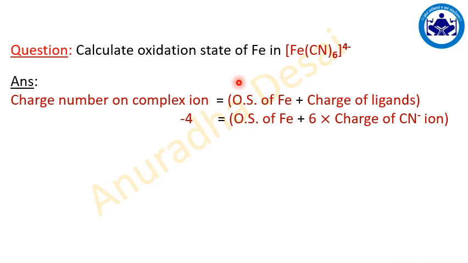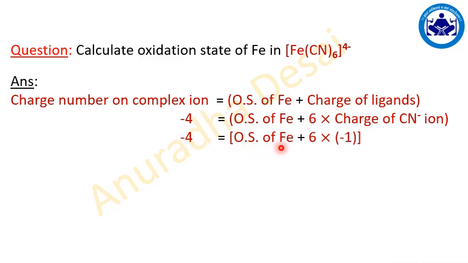Oxidation state of Fe I'm going to calculate, so it will remain as it is. Charge of ligands. Now I'm going to write 6 multiplied by charge of CN minus ion, because I know that 6 ligands are present, and which are my ligands? CN minus ions.